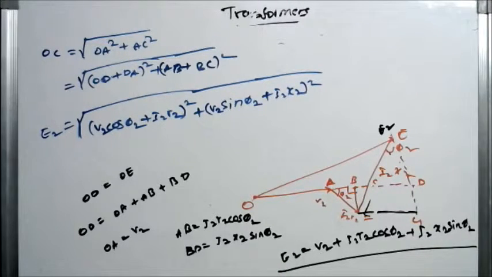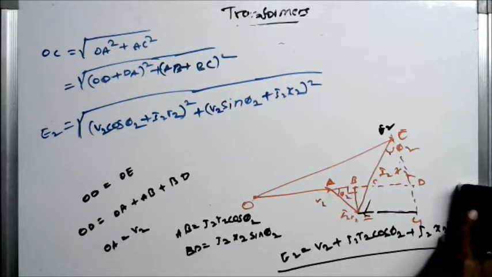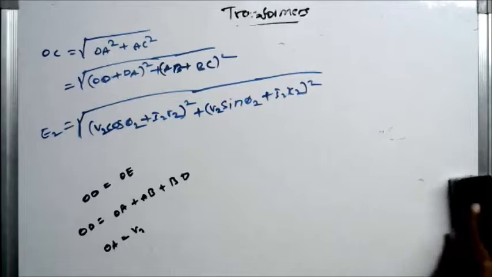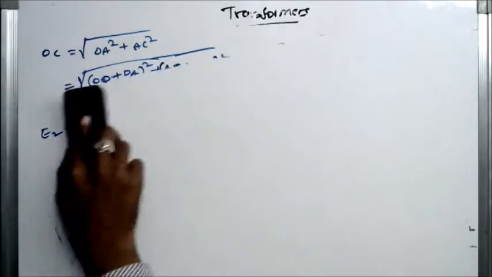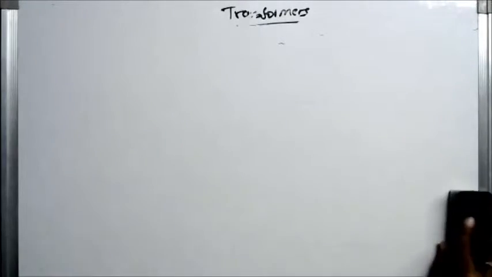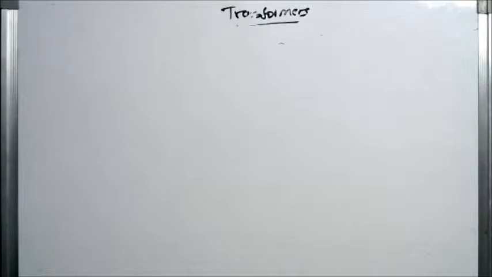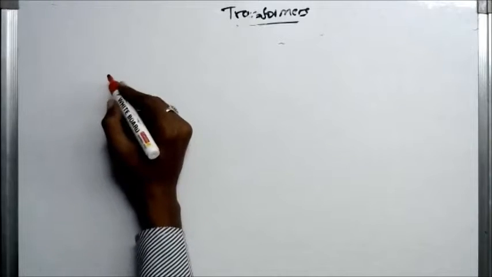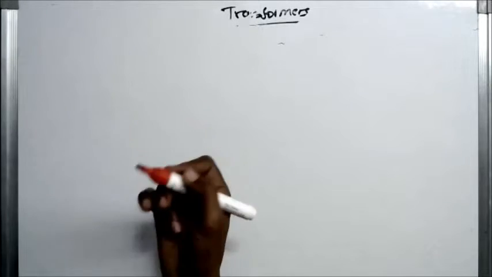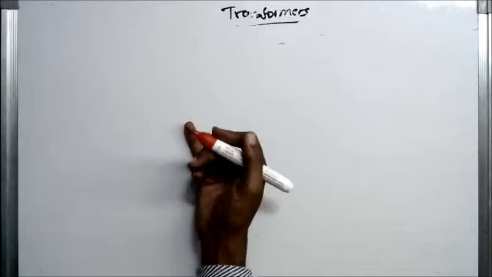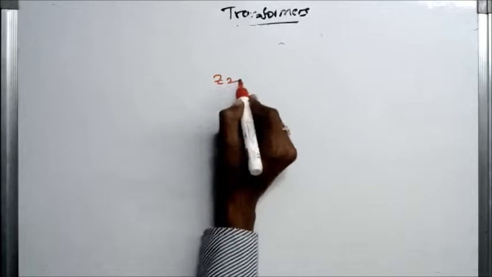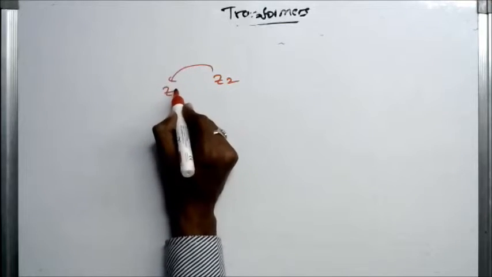Now we are going to introduce impedance reference, meaning how to refer the impedances. Earlier we have referred one value, but see here the equivalent circuit is referred either entirely to the primary side or entirely to the secondary side. We have different notations. If Z2 is referred to the primary side, then it is called Z2 dash.